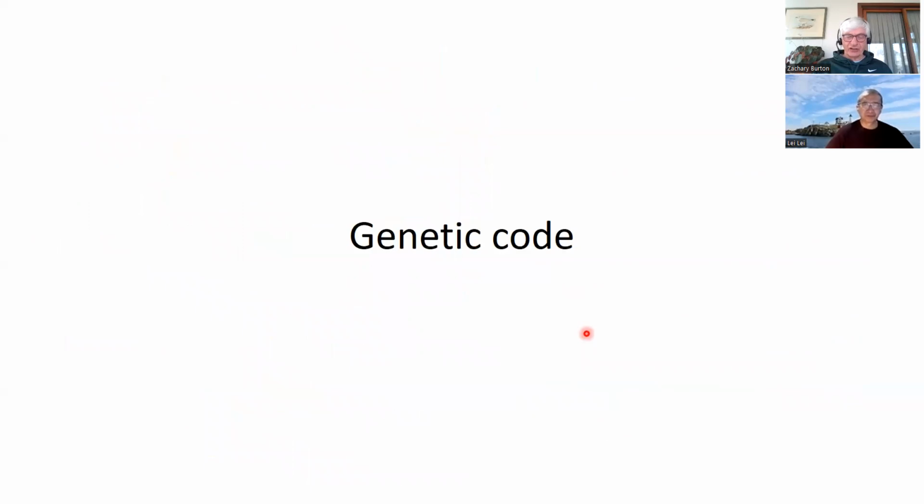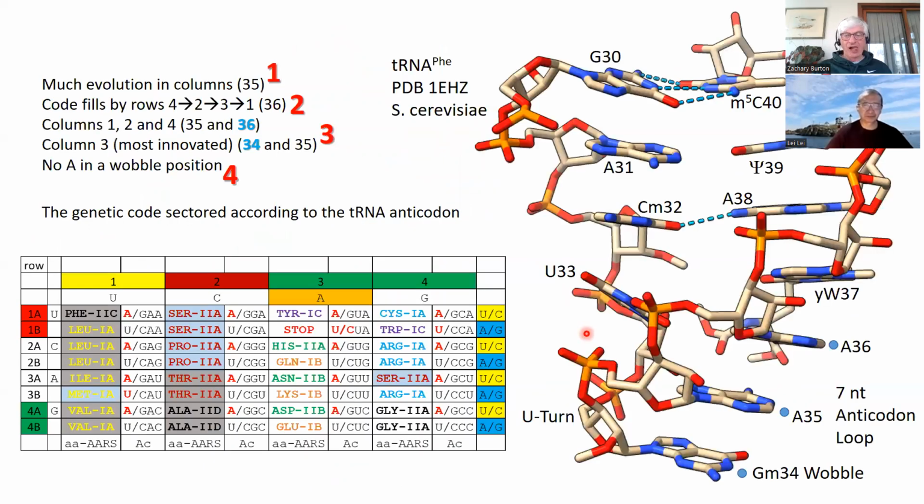So the genetic code, this is somewhat complicated, but this is the genetic code in archaea, which are the oldest organisms, the most similar to LUCA. So the ones we want to understand in terms of the evolution of life.